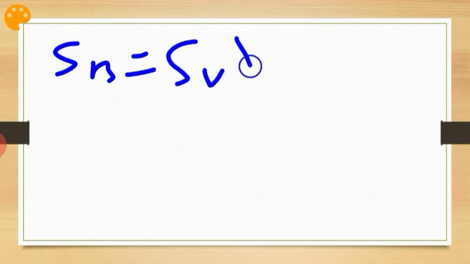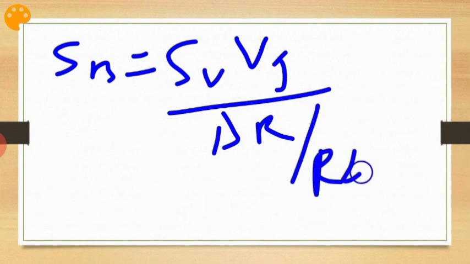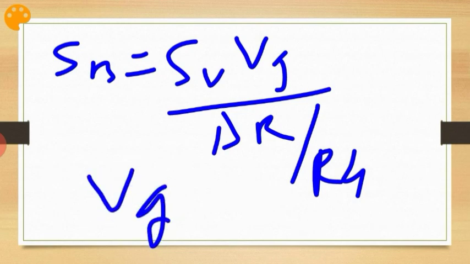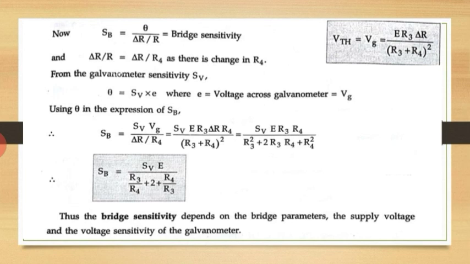So we know SB is equal to SV Vg divided by delta R by R4. Here we know the Vg, so substituting the Vg in this equation, I will show you here. Substituting the Vg in this equation, we will get this equation.